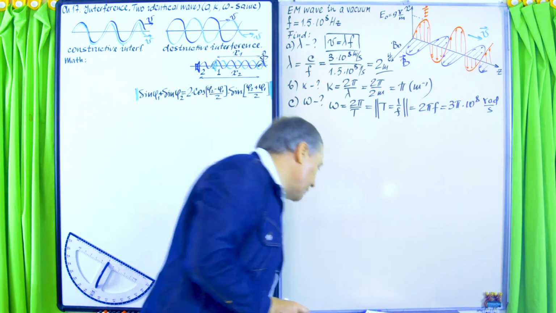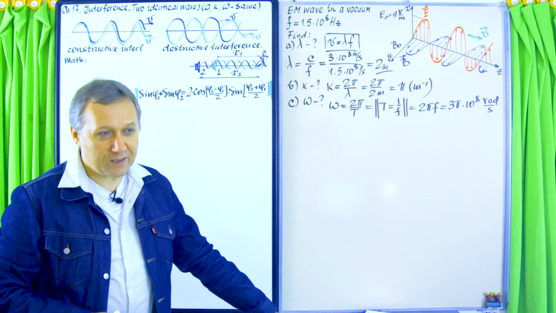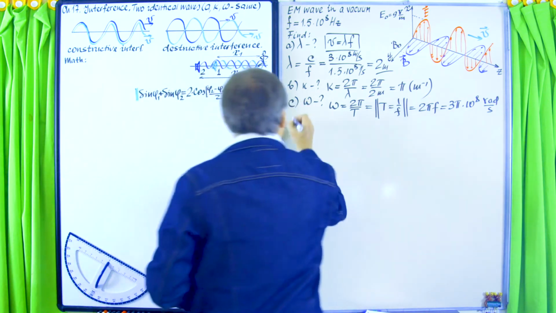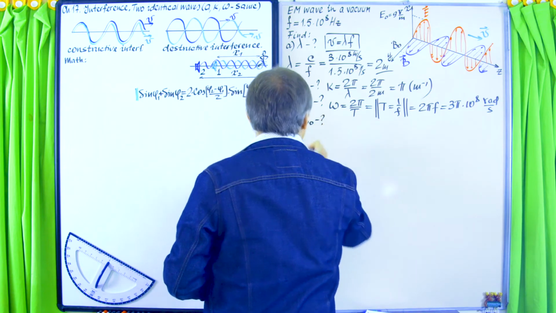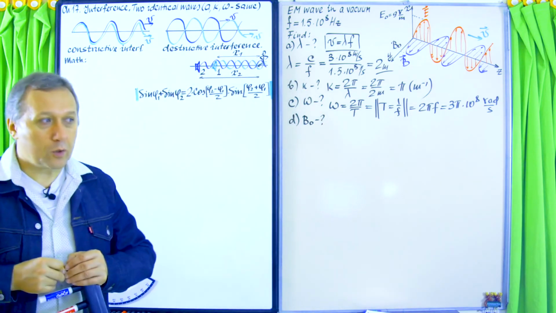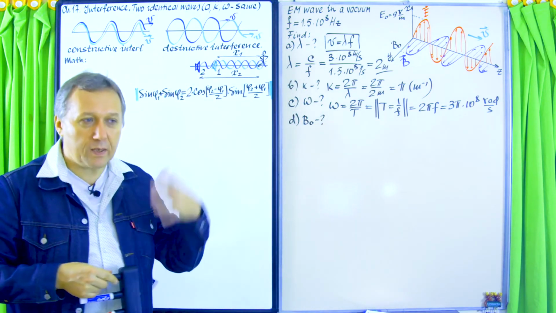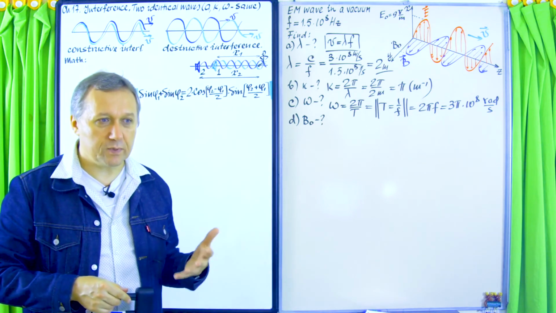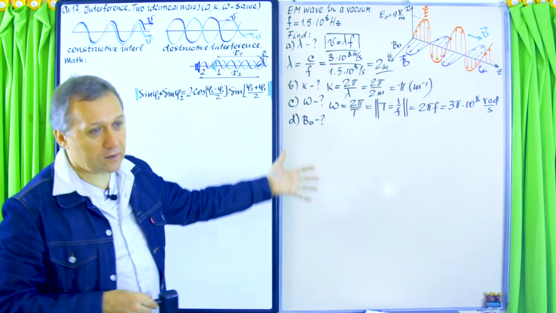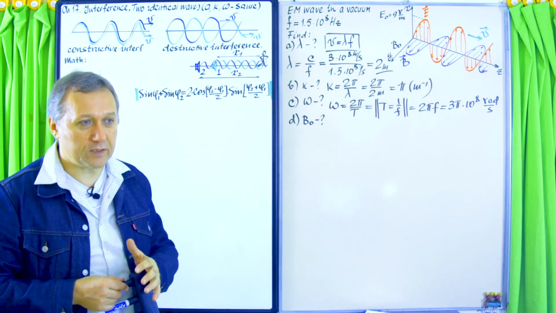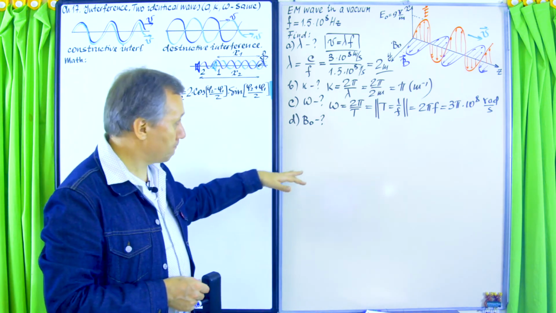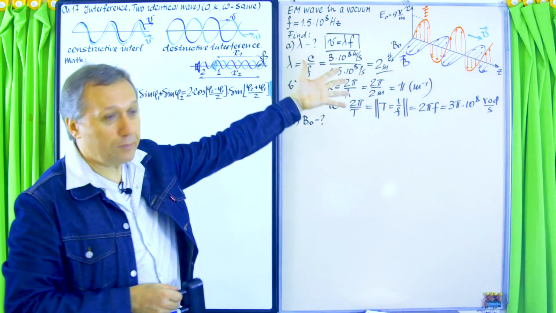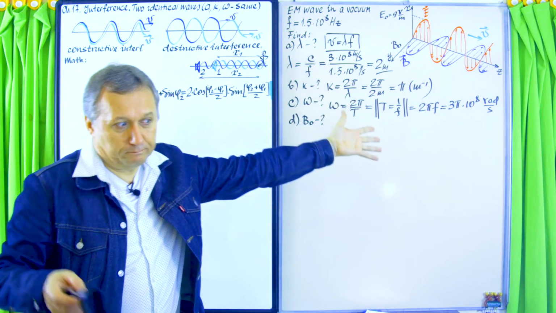Probably first, let me find the magnetic field amplitude. A, B, C, D. So now, what about B naught? I told you, not many, but some students made this mistake. Whenever I give a problem like this on the final exam, when students get to this point, they just rewrite the amplitude of the electric field.